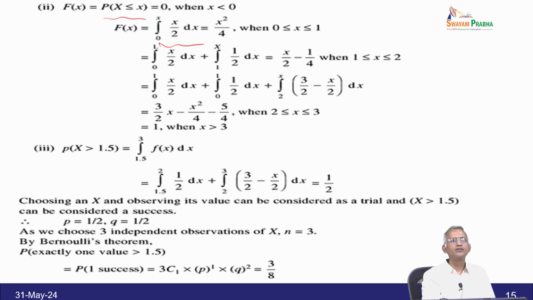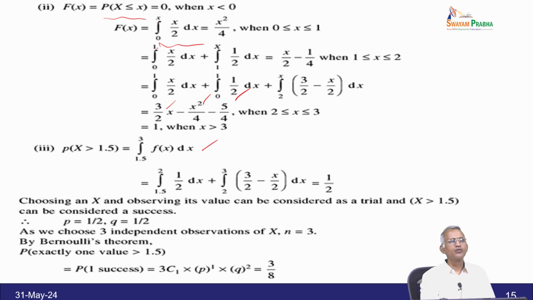The net value is x by 2 minus 1 by 4 when x lies between 1 and 2. Further integrating, we have 3 by 2 x minus x square by 4 minus 5 by 4 when x is from 2 to 3. The corresponding value will be 1 when x is greater than 3.